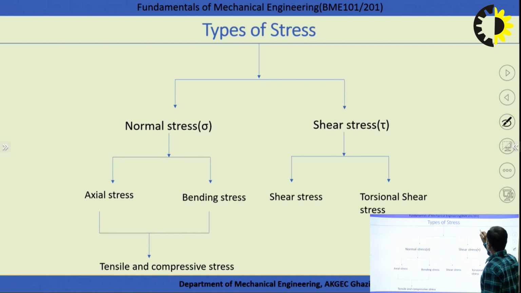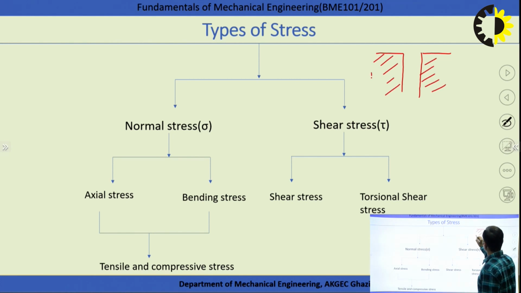So suppose this is a die. These are the die and we have to cut a hole in a material. Suppose this is a plate placed over the die like this. The thickness of the plate is T and there is a punch like this. It is a punch.